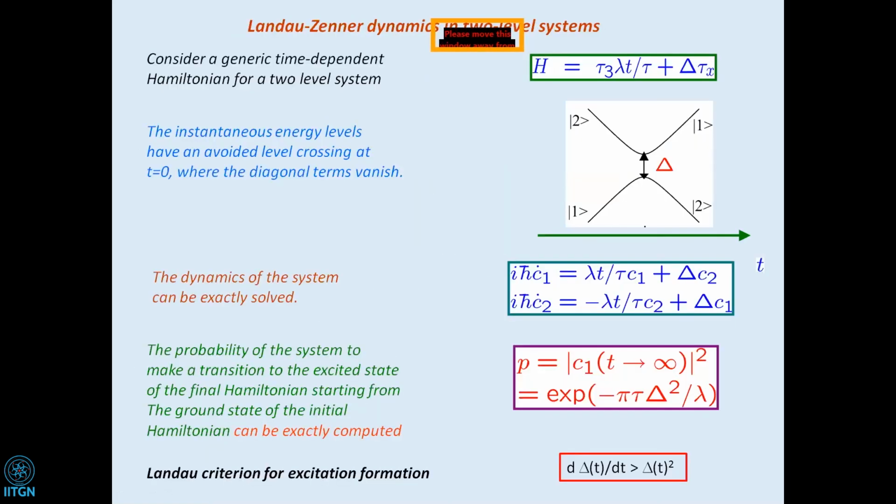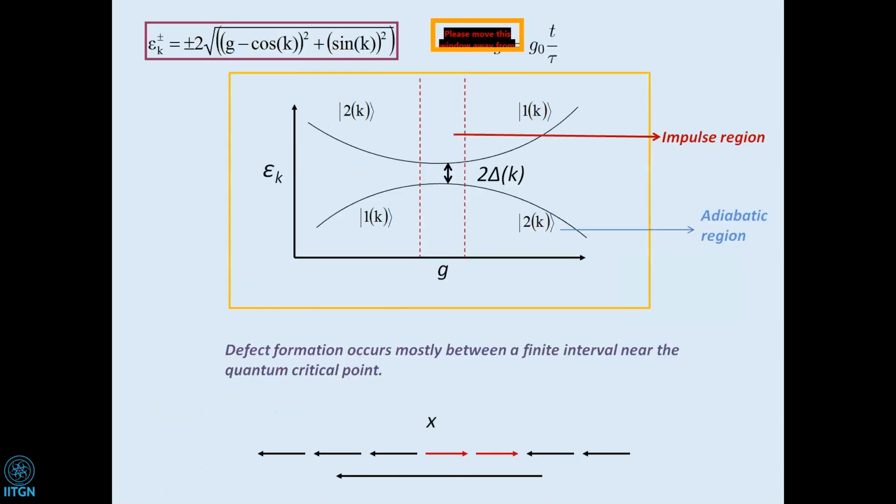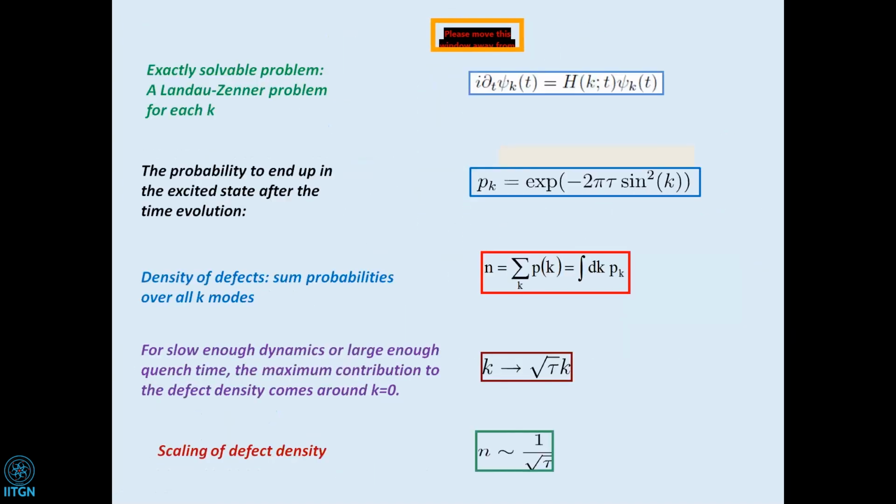Kibble and Zurek essentially estimated this phase transition thing. So the amount of excitations that you form, for an Ising-like model, it turns out that if you are moving the system with a rate tau, where tau is the inverse of the rate at which you change the parameter t over tau in the Hamiltonian, your defect density, meaning the excitation density, is going to scale as 1 over square root of tau.